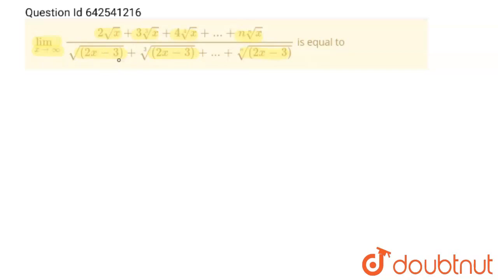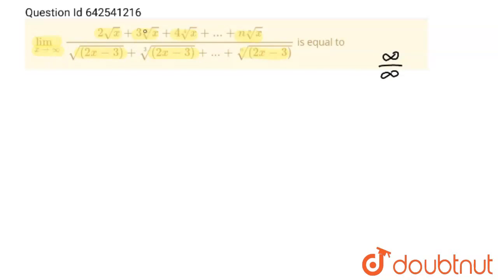See, when I saw this question, I found the answer in only 10 seconds. So what exactly do I know when limit x tends to infinity? The thing which I know is that it is in infinity by infinity form. How?